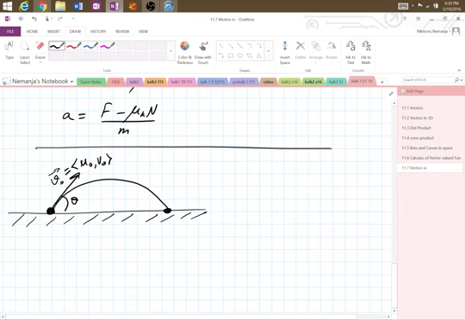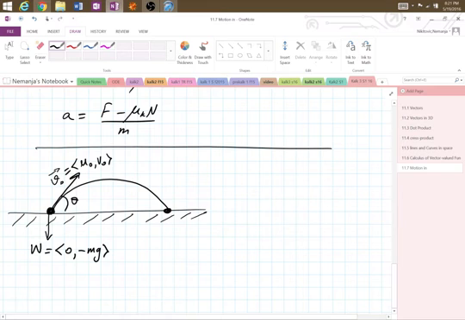That's the object that's going to change position. That object is going to have the force, which is the weight. Maybe I should use W, which is 0, and then minus mg, because that's the force that's pulling it down.